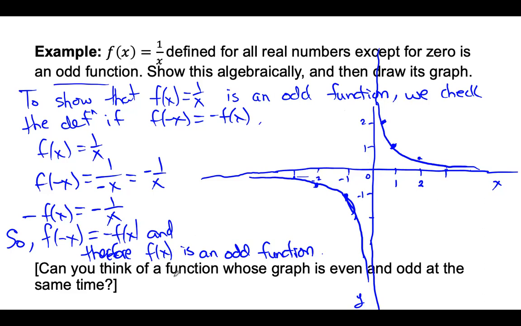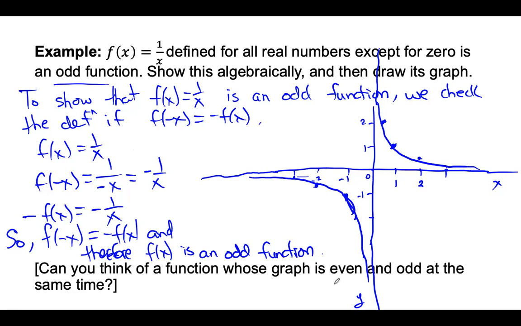Now, can you think of a function whose graph is even and odd at the same time? You see that this is odd, it reflects around the origin. So what is both even and odd? Anyone? It's not a very interesting function. Yes, that's the function.